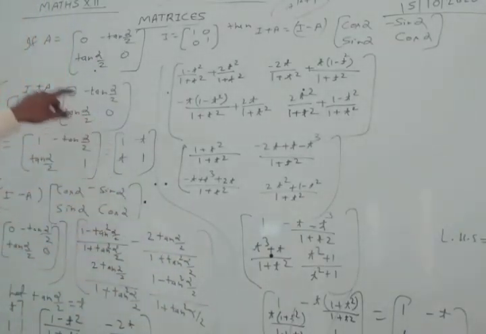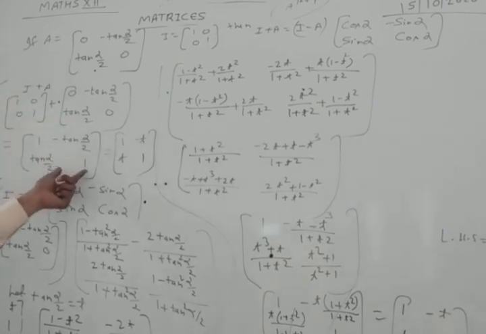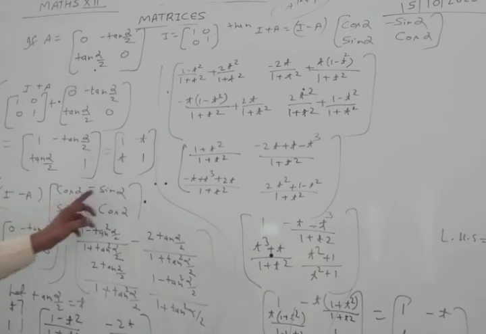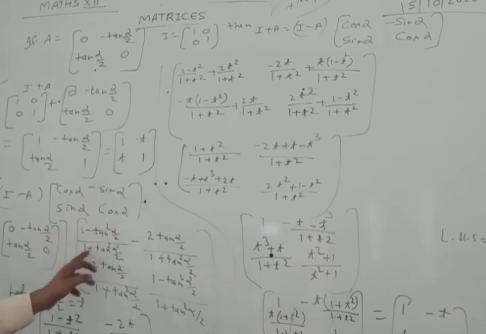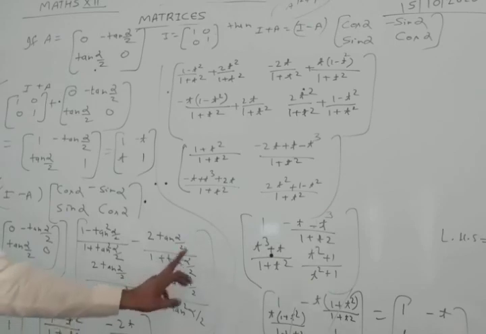Now see, first we have taken the left hand side, I plus A, put the value of I plus A, and we let tan alpha by 2 be t. Now second, the right hand side: put the value of I and A, and replace cos alpha and sin alpha with 1 minus tan square alpha by 2 over 1 plus tan square alpha by 2, and 2 tan alpha by 2 over 1 plus tan square alpha by 2.